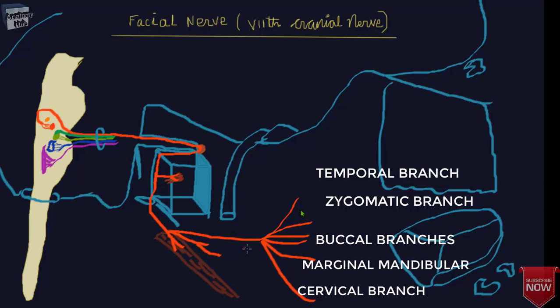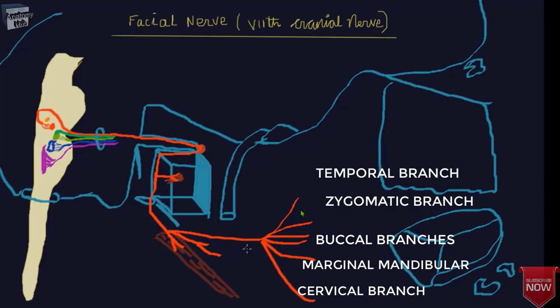Continuing anteriorly, the facial nerve then gives off these branches that we have already discussed: the branch to the posterior belly of the digastric, which elevates the hyoid bone, and the nerve to stylohyoid muscle, which elevates the hyoid bone. It then passes through the parotid gland.